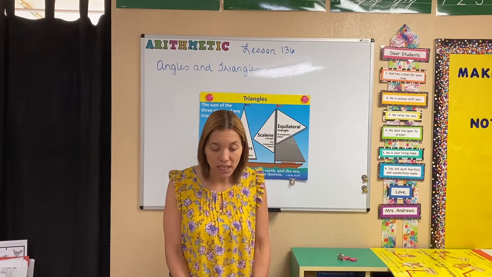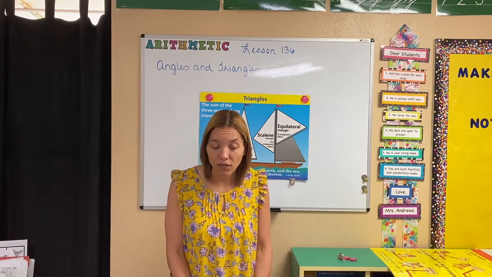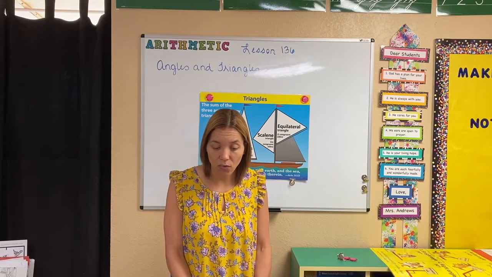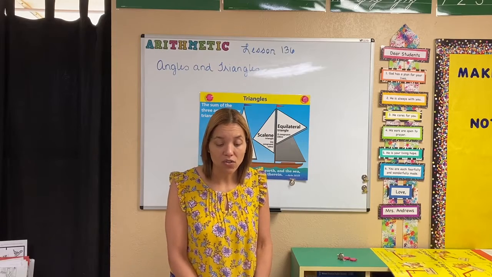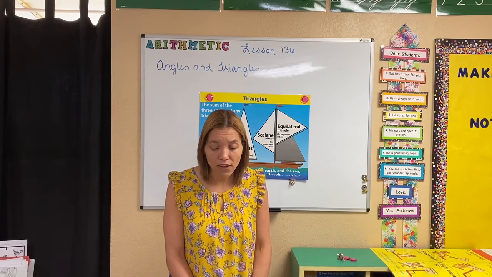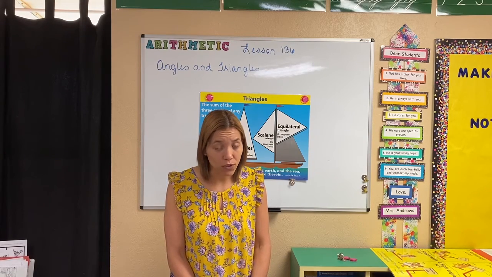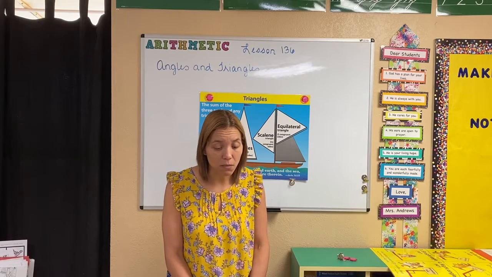For letter B, if we look at the picture, we could see that we have that triangle already in the chart. So that's going to be a right triangle. And for letter C, that's going to be which one? Look at the pictures and tell me what it is.